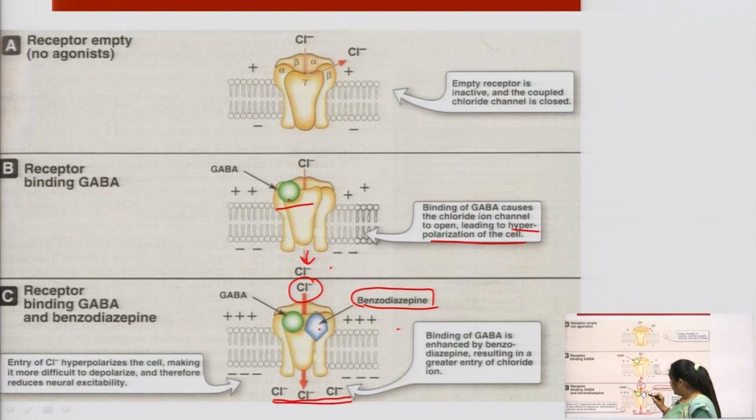When the benzodiazepine binds at its allosteric site, it enhances the activity of GABA at its receptor. Here we can clearly see that initially only one chloride ion was influxed, but now it has increased to 3. In this manner, benzodiazepine enhances the activity of GABA.